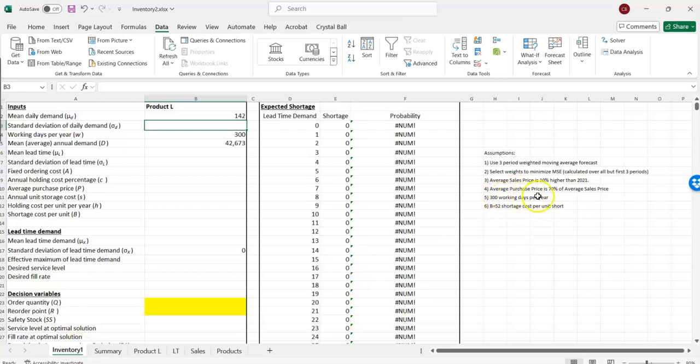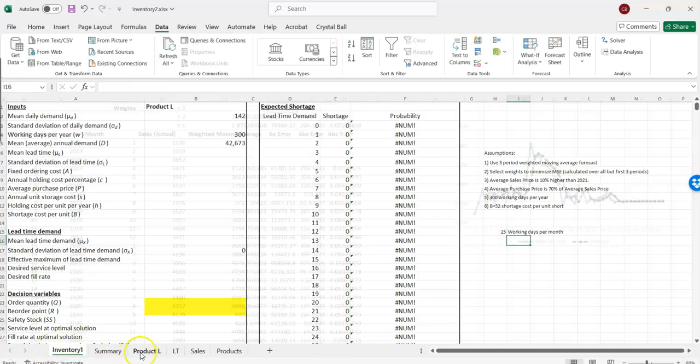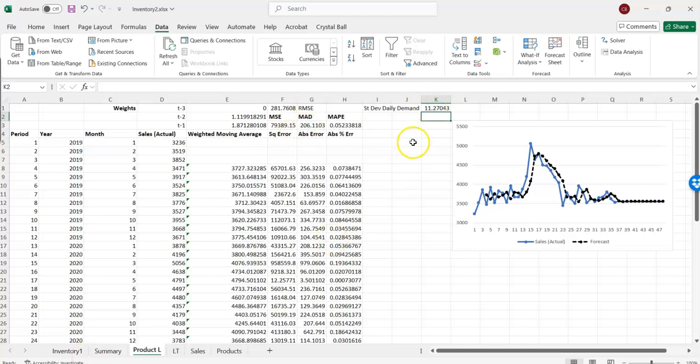Now, if we're assuming 300 working days per year, that would be 25 working days per month, because 300 divided by 12 is 25. So we could go ahead and calculate. We use that as an estimate of the standard deviation of daily demand. That is the root mean squared error divided by 25. So that's 11.27.